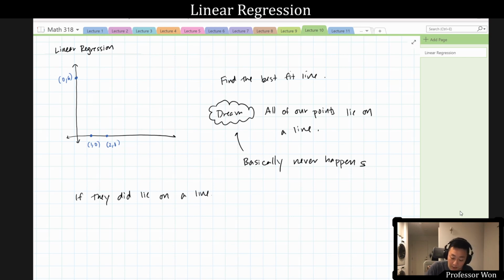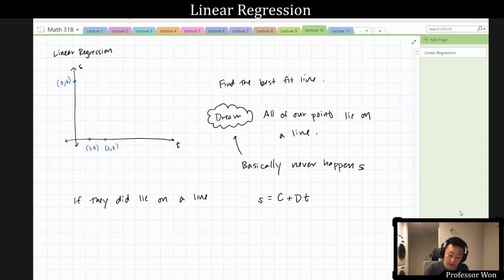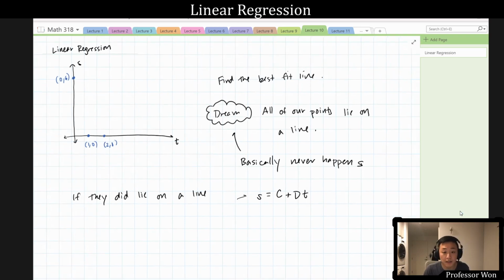If they did lie on a line, that would mean that they would all satisfy s equals c plus d t. I want to stick with the notation in the notes, so let's call this one the t-axis and this one the s-axis. If they all lay on a line, then when you plug them into this equation, you would always get equality, right?